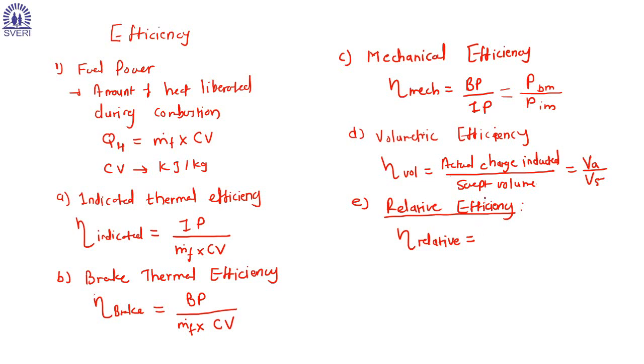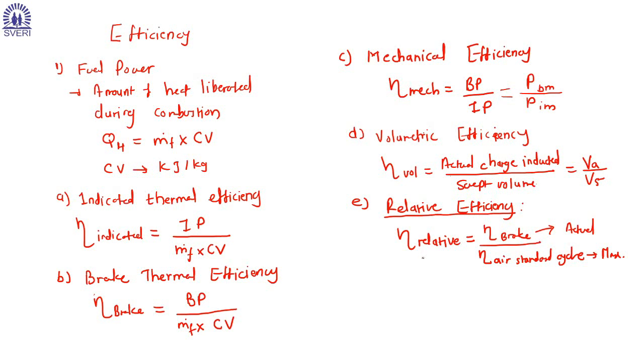Actual efficiency is nothing but your brake thermal efficiency, compared to the efficiency obtained from its air standard cycle. So this is your actual efficiency and this is your maximum efficiency.